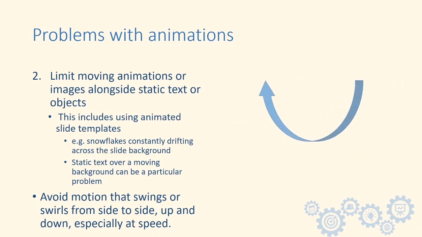Motion that swoops and swirls is also best avoided, especially when the movement is very fast. I used a couple of simple animations earlier and slowed them down using the animation pane in PowerPoint to minimize the risk. To warn you, there is more bad practice in the next slide.